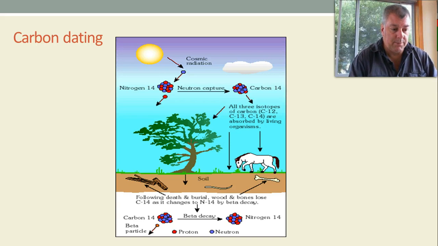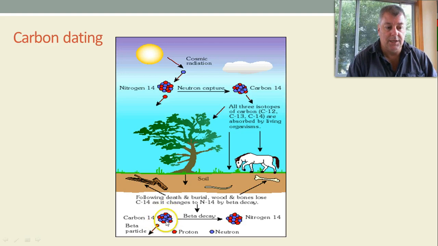And therefore what happens with burial is down here the carbon-14 decays by emitting a beta particle into nitrogen-14. And to date a material, what you do is you work out how much carbon-14 is left. And the less carbon-14 there is relative to the stable isotopes carbon-12 and carbon-13, the older the sample is because it has decayed.